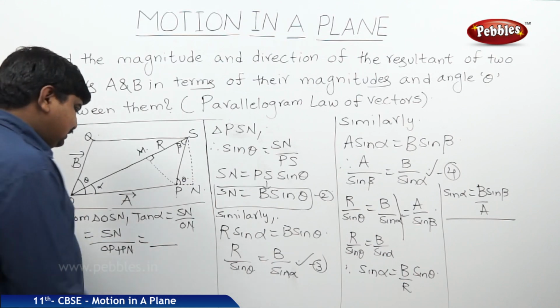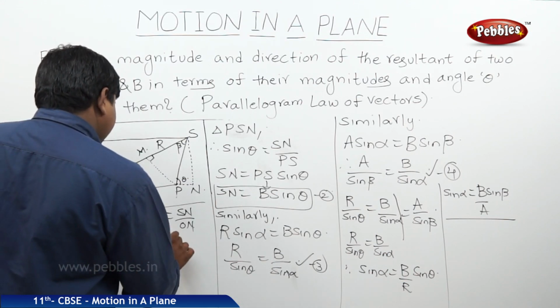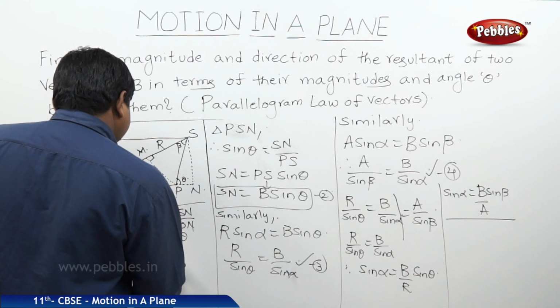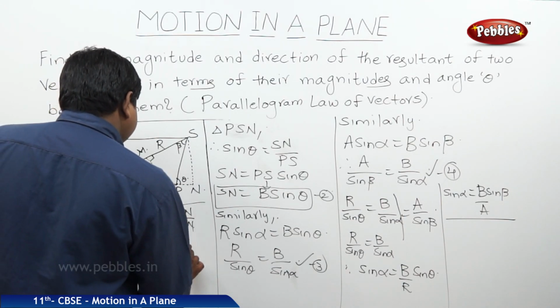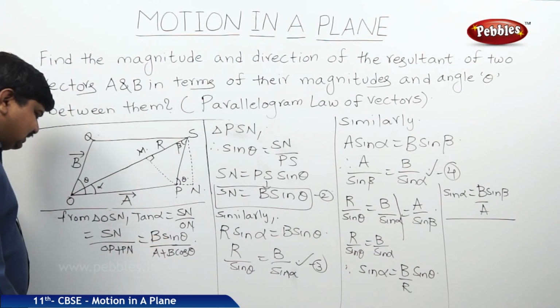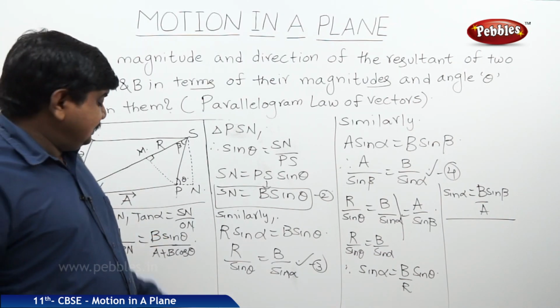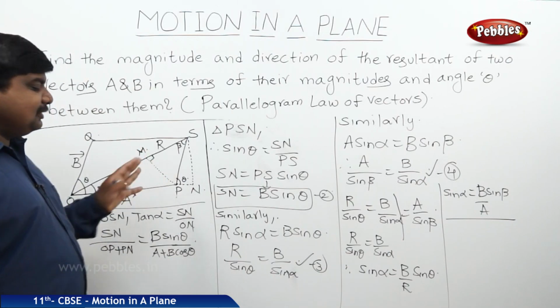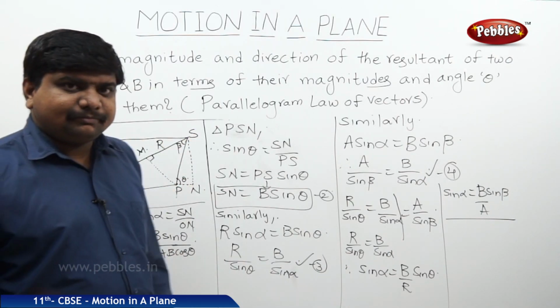Sn is B sin theta. So tan alpha is equal to B sin theta by A plus B cos theta. So this is the direction of the resultant vectors with respect to the parallelogram law of vectors.